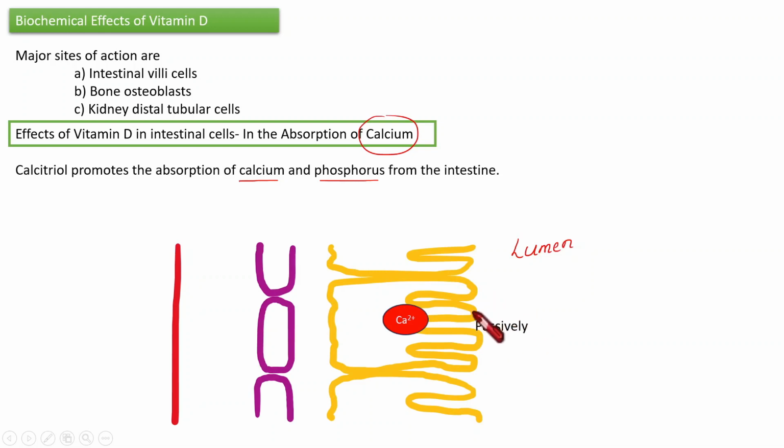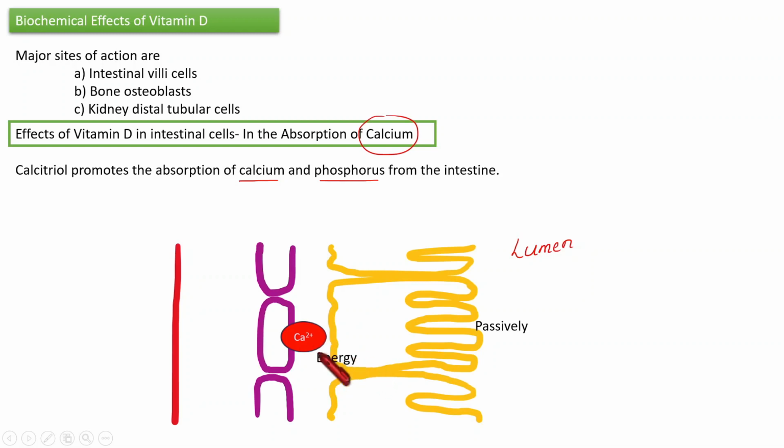It doesn't need any energy. But to cross the basolateral membrane to enter the blood vessels, it requires energy. So there comes the importance of vitamin D. We will see it later.